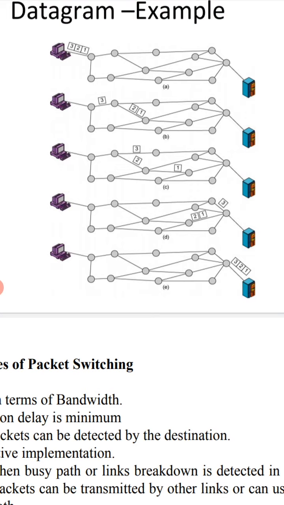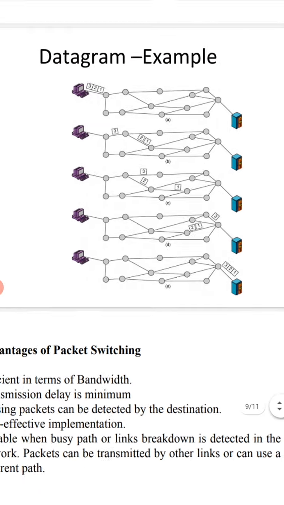Then in the third diagram, C diagram, the third packet can choose another path. Listen to the path of the packets carefully. So each packet may choose a different path to reach the destination. That is a datagram network.